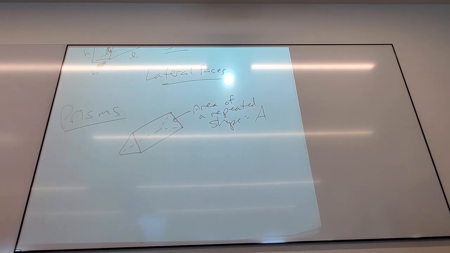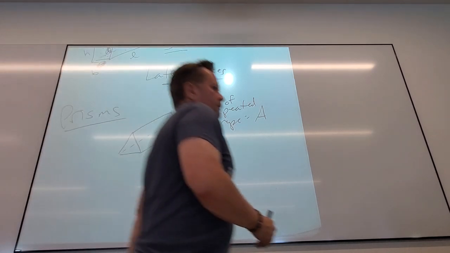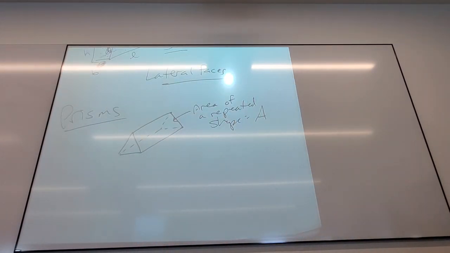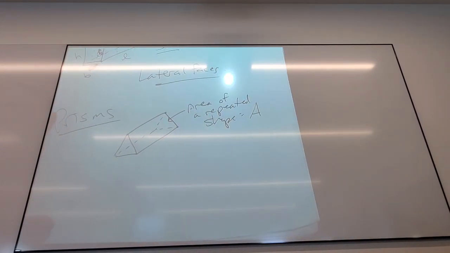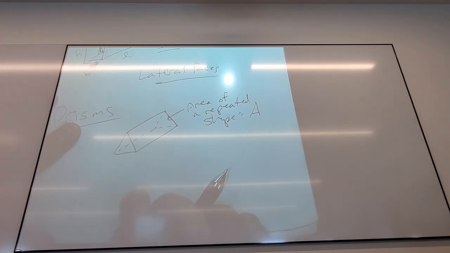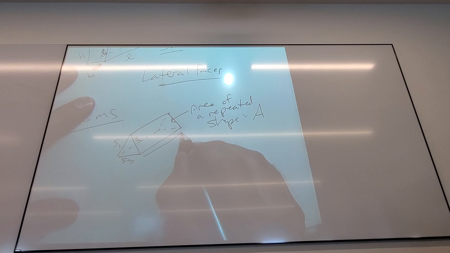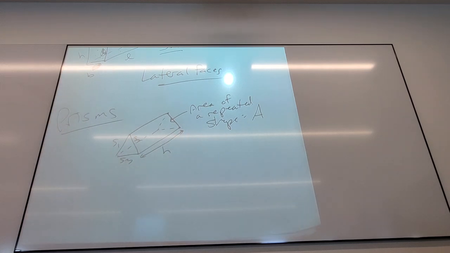Let me try to do it this way. So even if my triangle was scalene, let's say I had a scalene triangle here. If I took side 1, side 2, side 3, let me use the same notation the book does, we're going to call this a height.